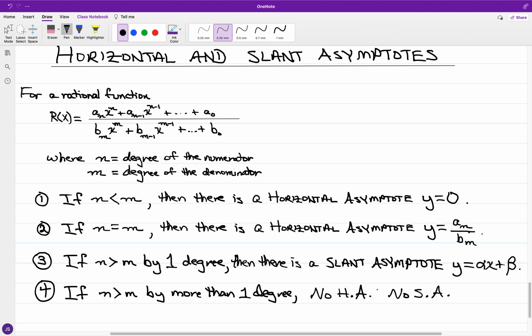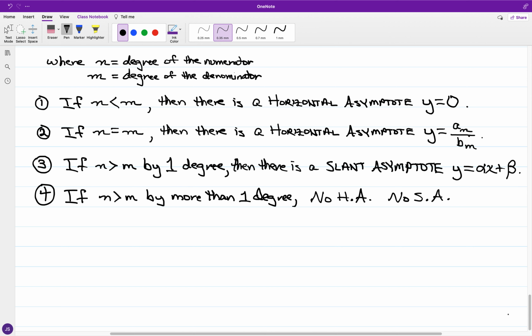And to provide a visual, let's say that I were to determine the domain and the asymptotes of the following.